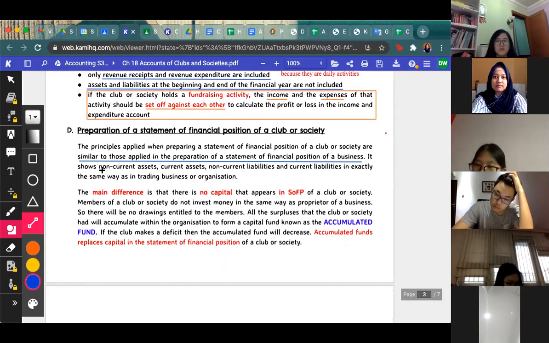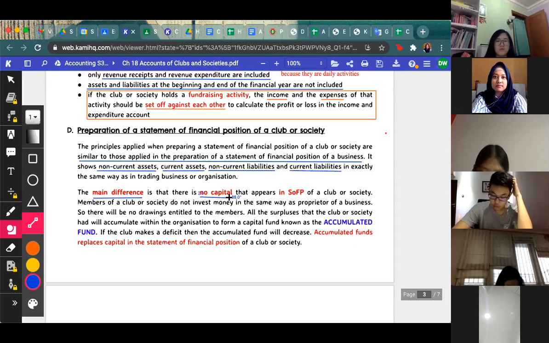It will show non-current assets, current assets, non-current liabilities, and current liabilities as well. Same, yeah? But the main difference in the SOFP is there is no capital.